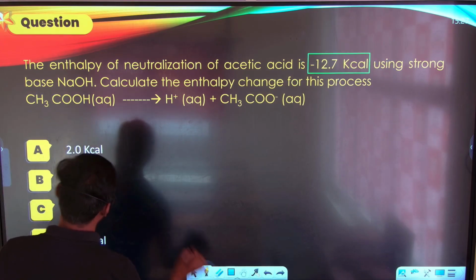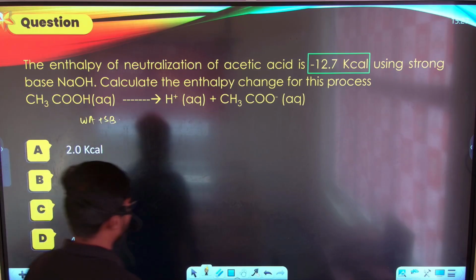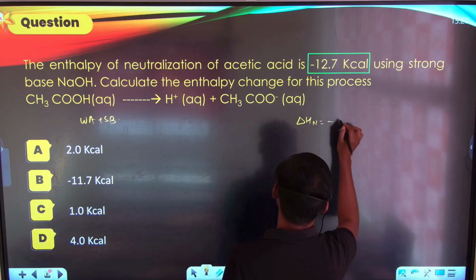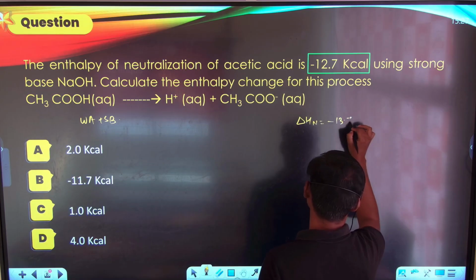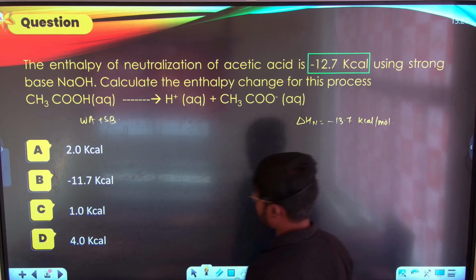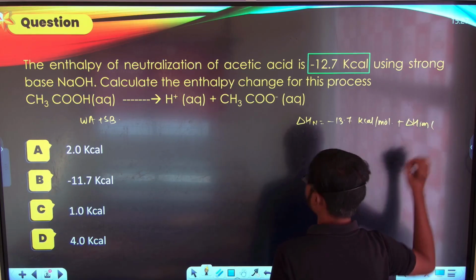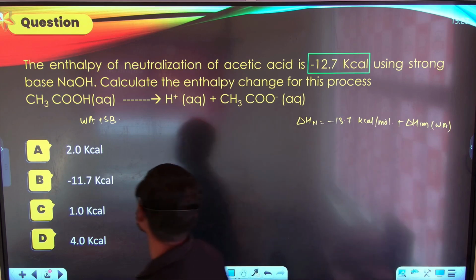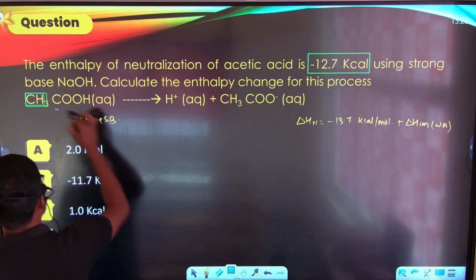My case here is weak acid plus strong base, and for this my delta H neutralization is equal to minus 13.7 kilocalorie per mole plus delta H ionization for whom? Weak component, that is the weak acid. Calculate the enthalpy change for this process. This process is otherwise known as what?